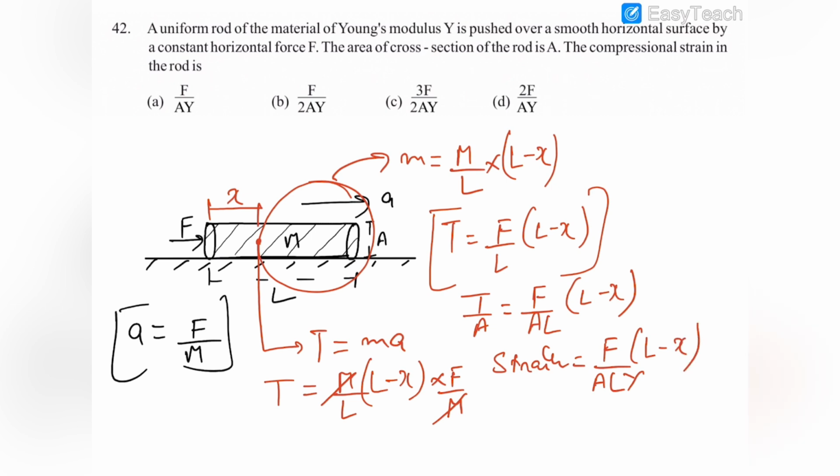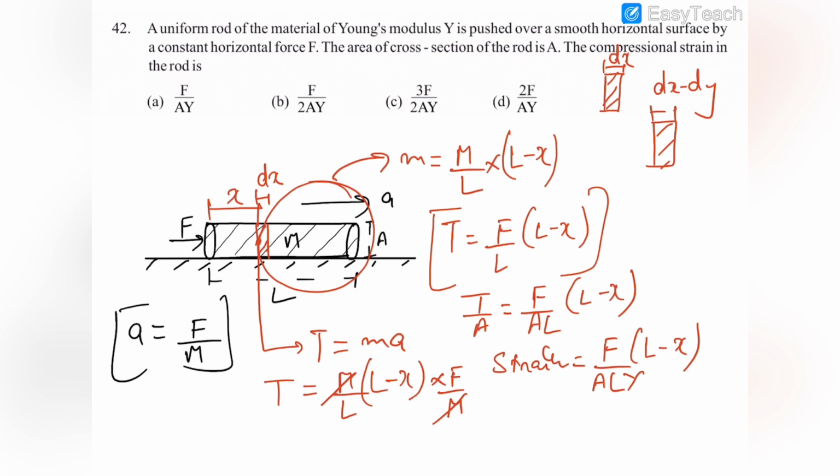Now for this strain, we are supposing that there is a small element whose width is dx, and due to this tension, this element is contracted by a length of dy, and its new length becomes dx minus dy.